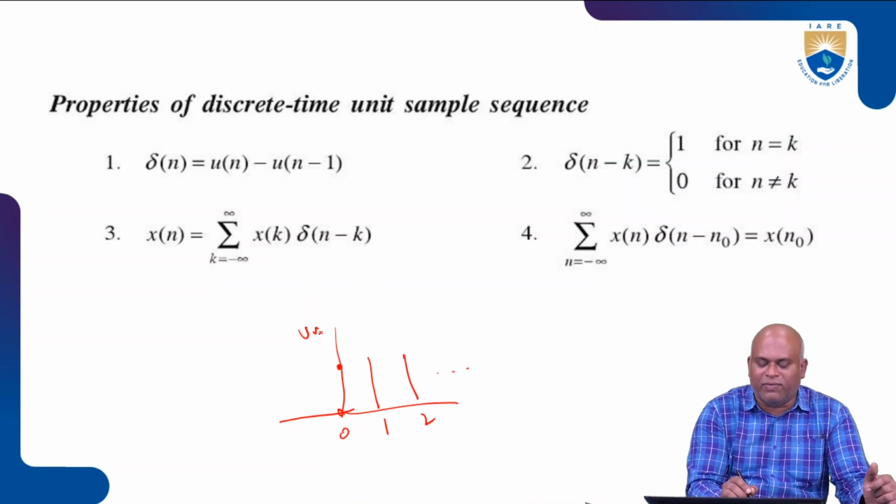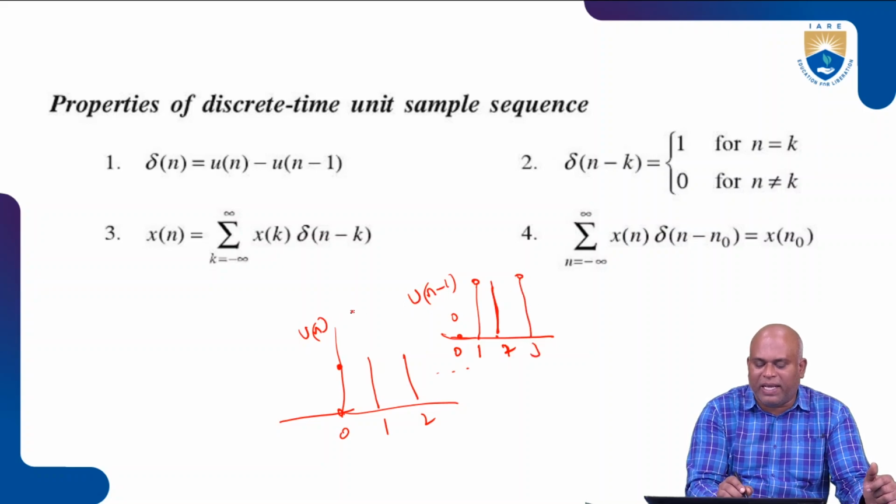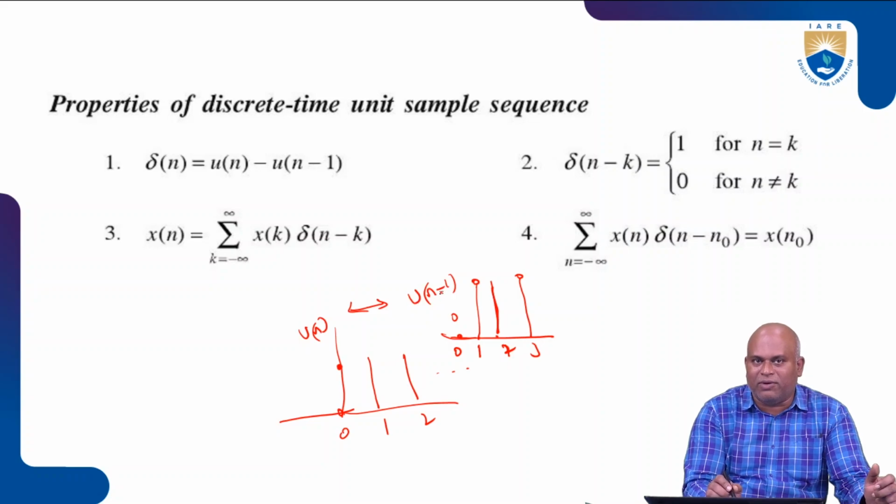Then u[n - 1] is represented as 1 where n is 1; it is 0 for 0, then 1 for 1, 1 for 2, 1 for 3. So you can subtract both: u[n] minus u[n - 1].